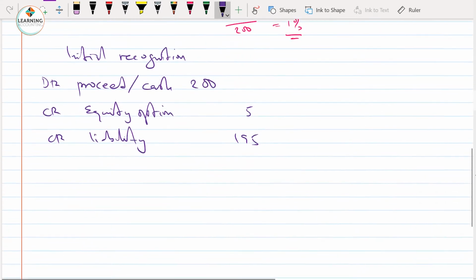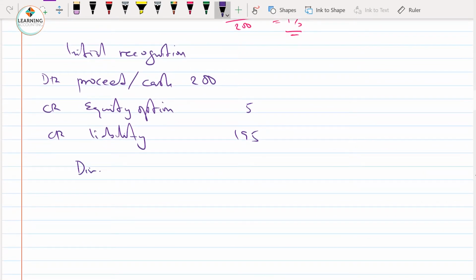But direct cost was incurred. And for this direct cost, we are going to debit equity option with 0.05.